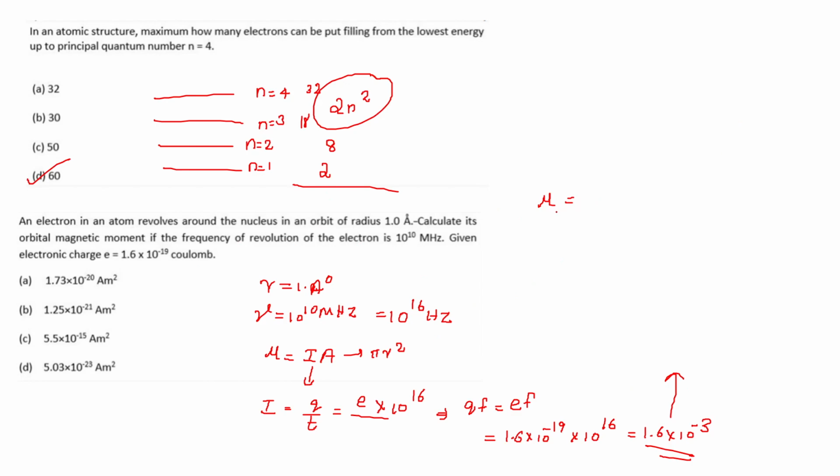Now this mu will be the orbital magnetic moment, because we are calculating it, so it will be the current into the area.